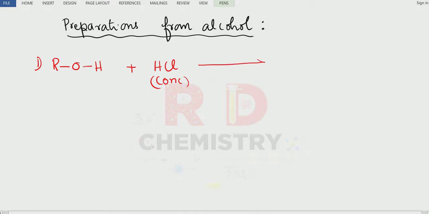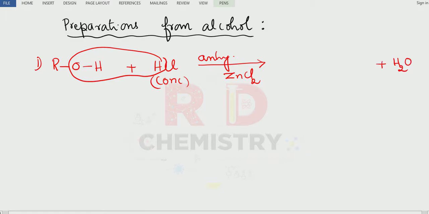We require a catalyst to increase the rate of the reaction, so we can take anhydrous zinc chloride. Now there is H plus, which can protonate the OH group, so they can remove a water molecule. The side product is water, H2O.